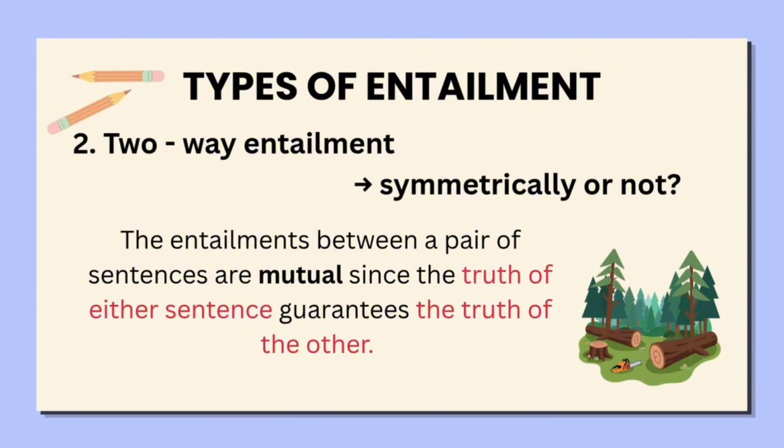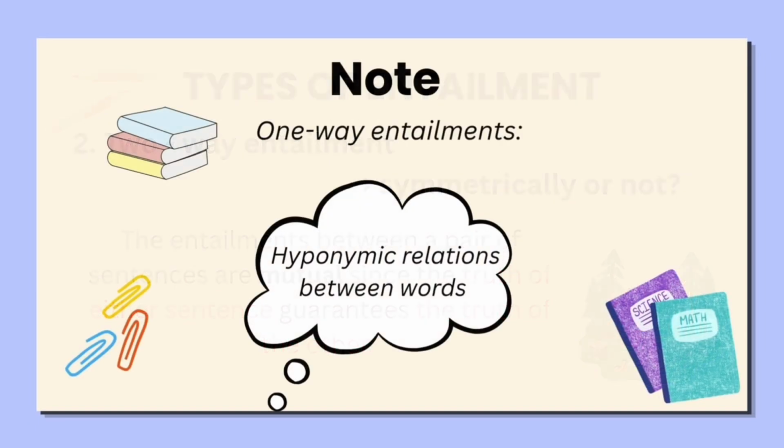Okay, next, this slide reminds us that one-way entailments usually come from hyponymic relationships between words. For example, a rose is a kind of flower, a bear is a kind of animal.